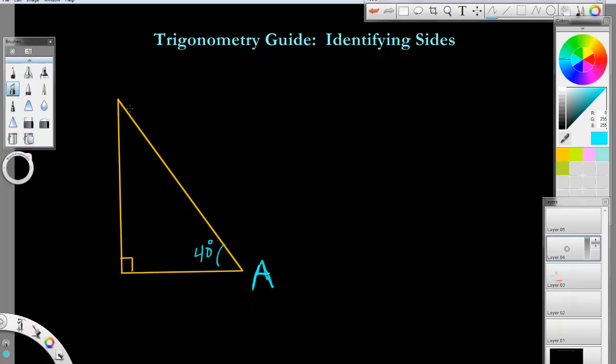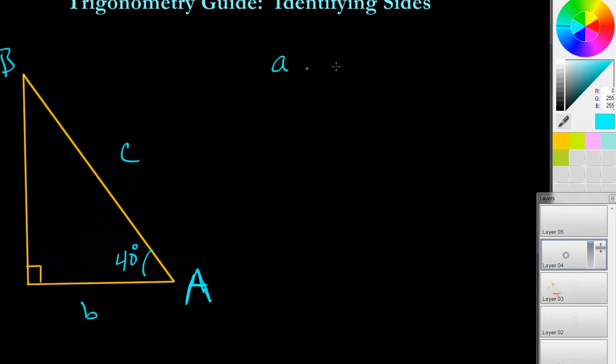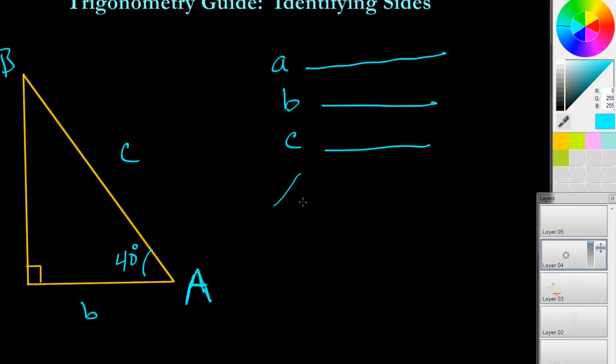You should be flexible with that. And we'll call this little a, little b, and little c. I want you, in these blanks, to write the names of the sides using the words hypotenuse, opposite, and adjacent. And also tell me what the measurement of angle B is.